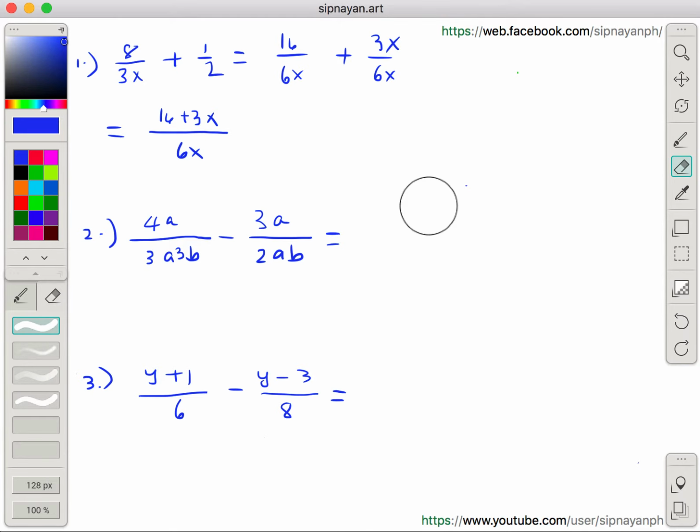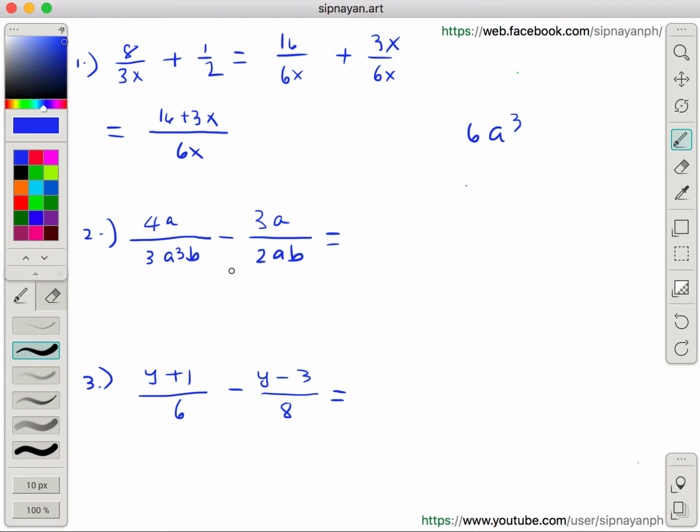Next, we have 3a cubed b as one denominator and 2ab as the other. Again, how do we get the LCM? For 3 and 2, we get 6. For a cubed and a, as in our previous video, you always get the one with the largest exponent, so a cubed.